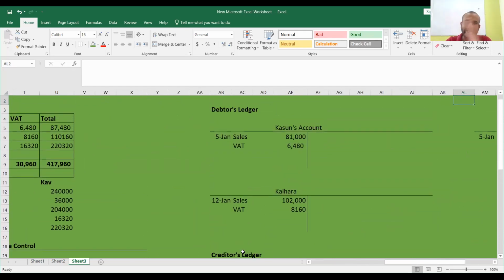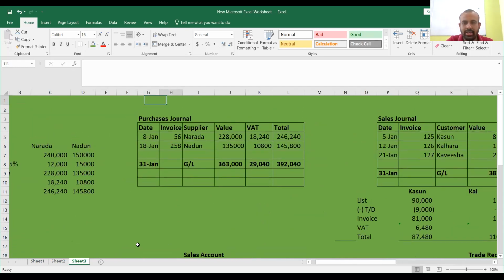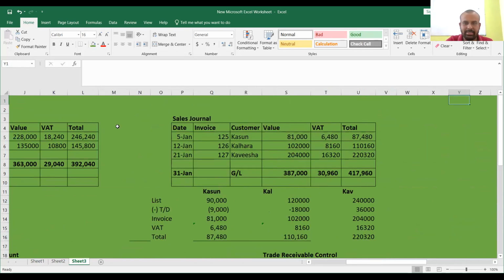This private ledger is a separate ledger. We debited the customer account in the private ledger, but we didn't credit it to anywhere else. Okay, this is all about the additional question number 1 we have given on the credit transactions.